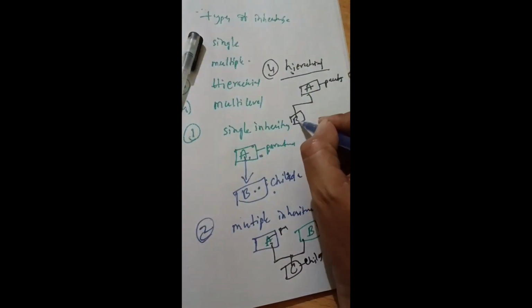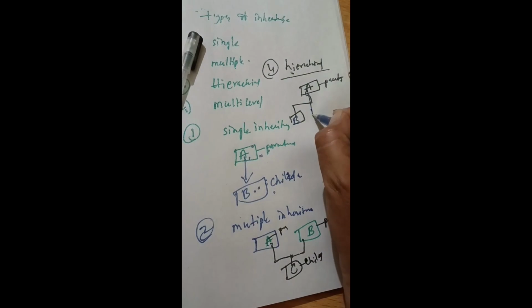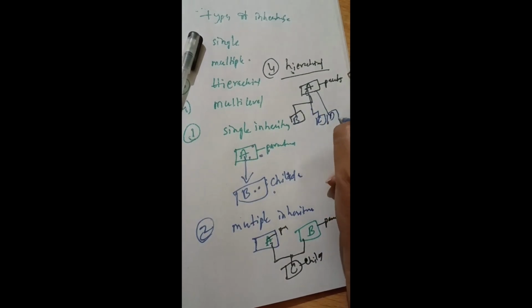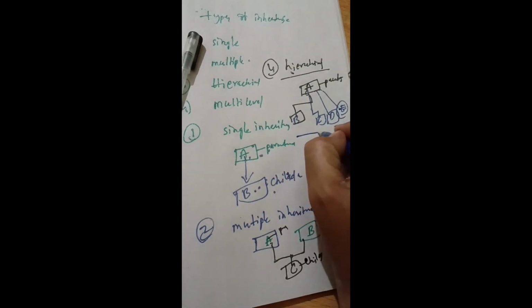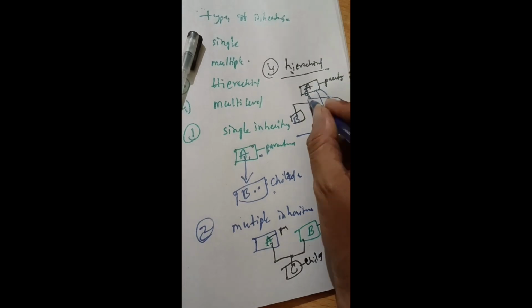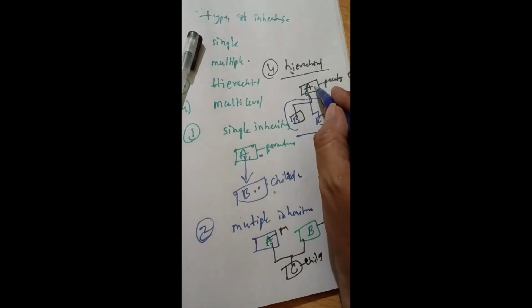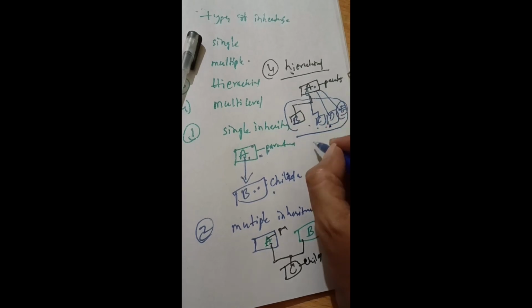B is one child class, C is one child class, D is one child class, and E is one child class. This is called hierarchical inheritance. Only one parent, and we can create any number of children.